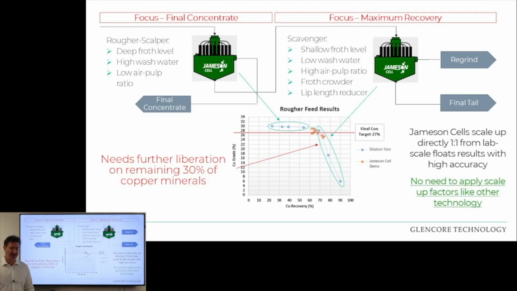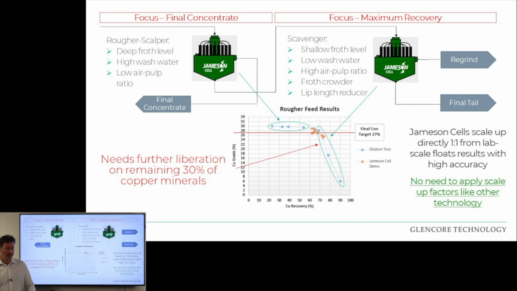Now, how do we design a Jameson concentrator? First, we take test work information and compile a grade recovery curve. You can see at the bottom of the slide a typical grade recovery curve.